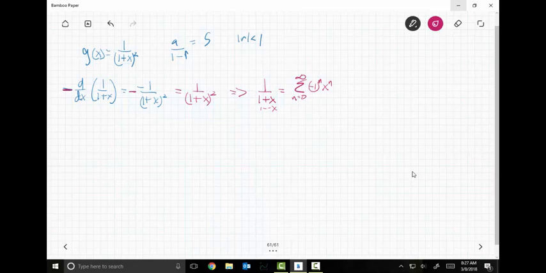So, notice I have an implies here. The negative derivative of the sum as n goes from 0 to infinity of negative 1 to the n, x to the n, is equal to the negative sum of the derivative of negative 1 to the n, x to the n, as n goes from 0 to infinity.